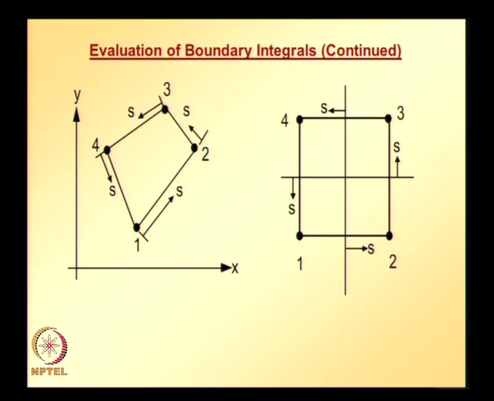The figure on the left hand side is the actual element, the figure on the right hand side is the parent element. You can see capital S goes along each edge from 0 to the length of that side, whereas small s along each of the sides goes from -1 to 1.